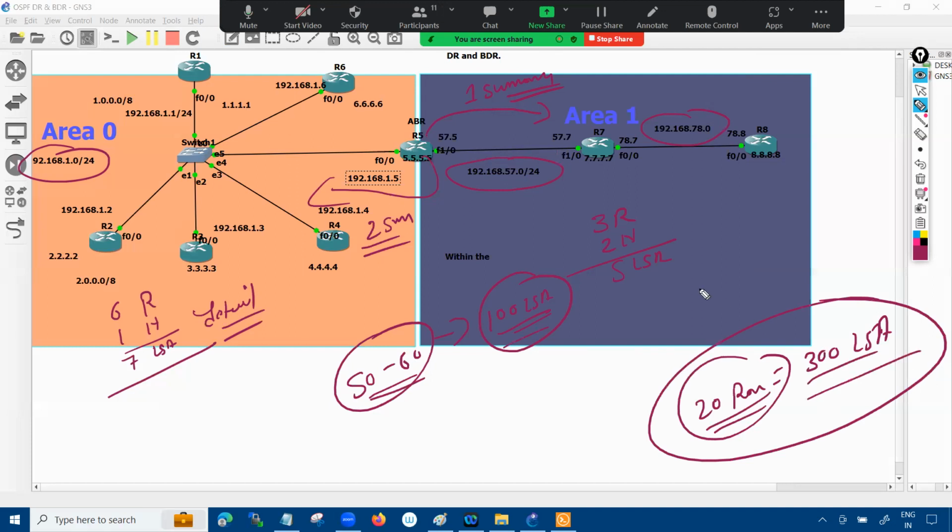So can I put those 20 routers into a single area? No, because my area doesn't allow 300 LSAs to be stored, as it doesn't have enough memory. So I need to reduce it to maybe 10 or 5 routers there.